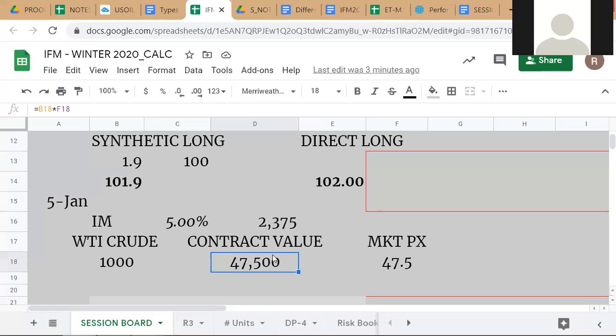I'll answer the second part of your question first. That particular cost is what I just explained, right? There is a cost in the sense that you have to consider the funding of this initial margin amount. There is a cost involved in that.